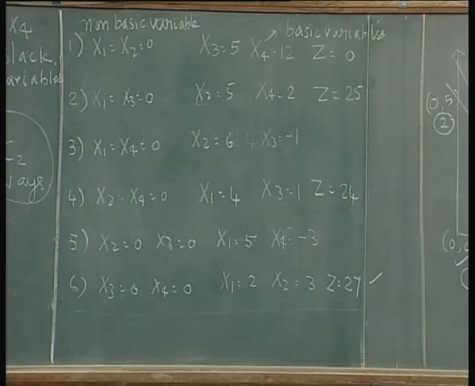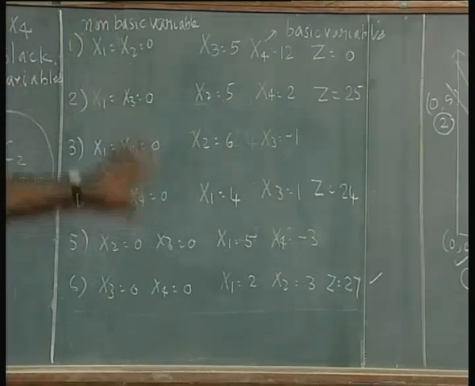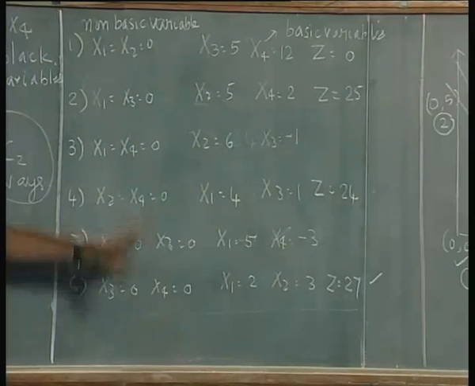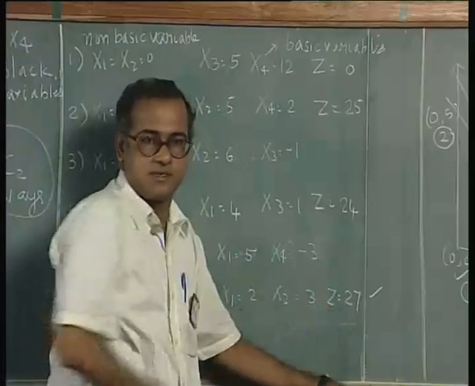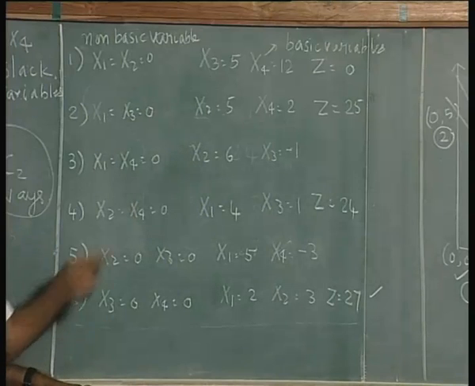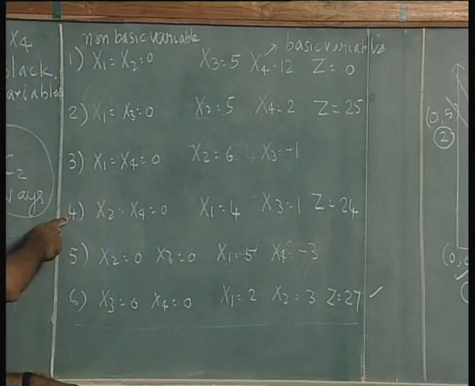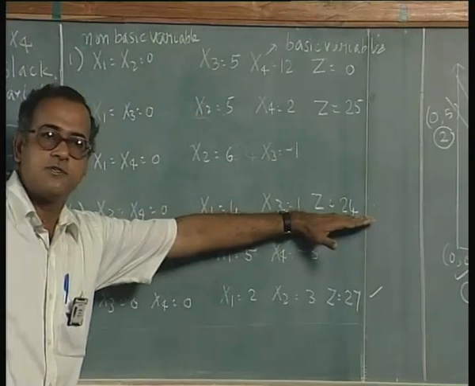The last one is this: in the algebraic method, in this example there are 4 solutions. It turned out in this case that the 6th one, the last one that we evaluated, was the best. Now, what we would want is, just in case this had become solution number 4, which means the third basic feasible solution that we have evaluated, I have got this 27.